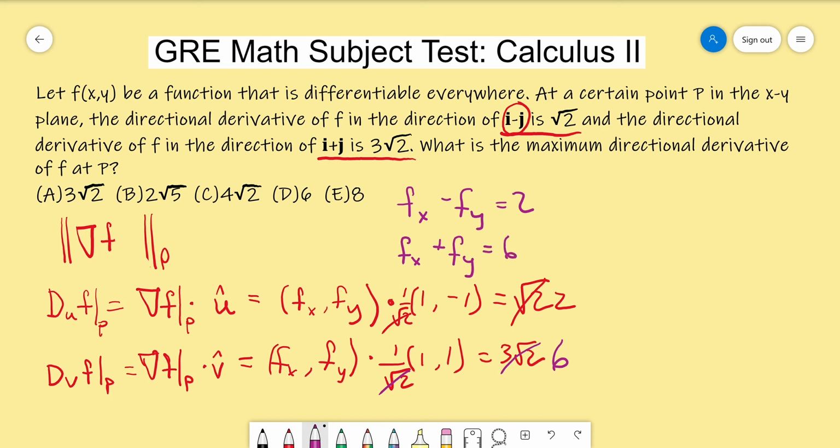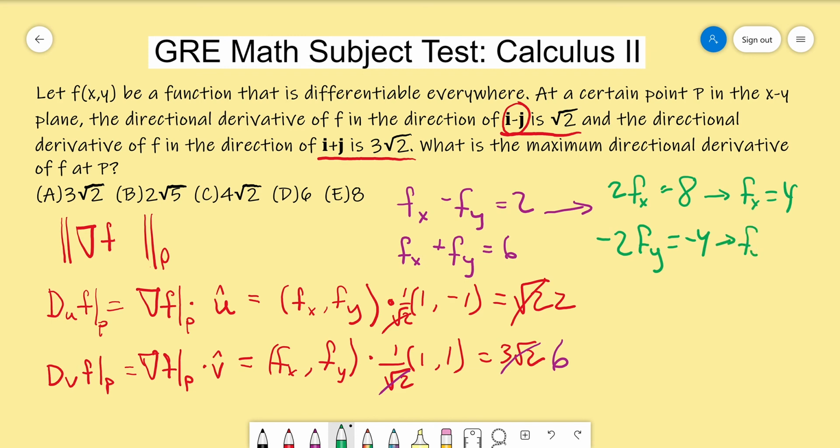If we add these two equations up, we'll get 2fx is equal to 8, or fx is equal to 4. And similarly, if we subtract these two equations, we'll get negative 2fy is equal to negative 4, which means that fy is equal to 2.